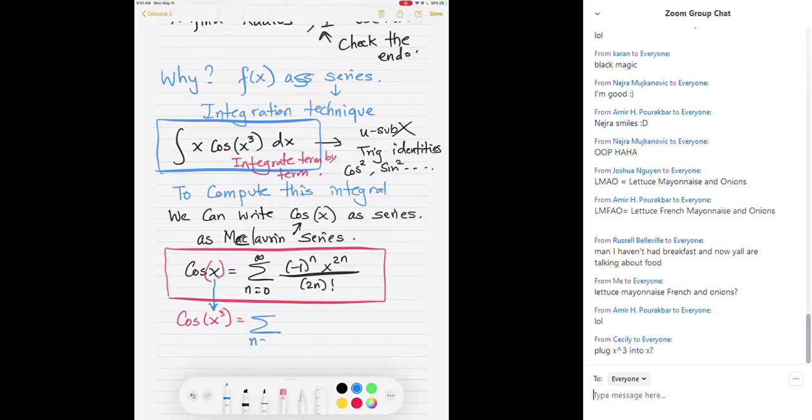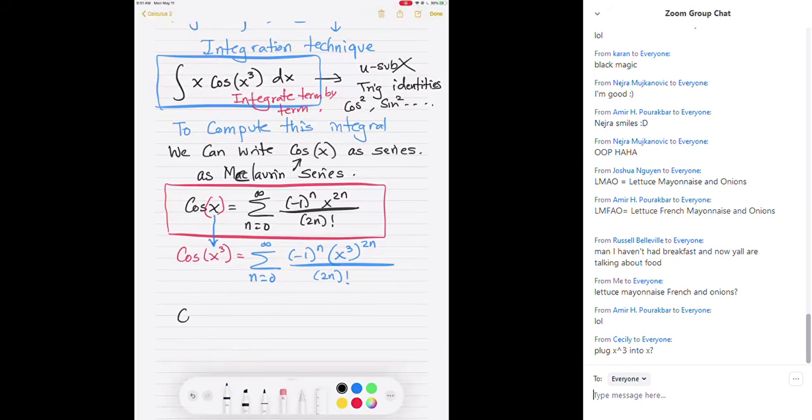So n equals 0 to infinity, -1 to the n, x cubed to the 2n over 2n factorial. That gives me cosine of x cubed is summation n equals 0 to infinity, -1 to the n, x to the 6n over 2n factorial.